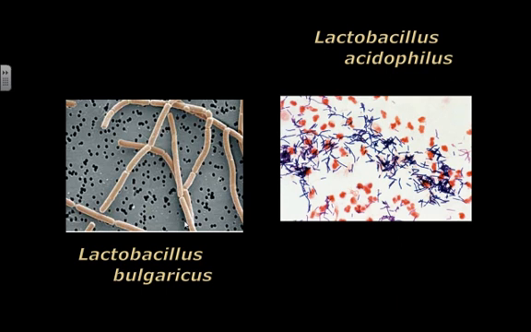Lactobacillus acidophilus and Lactobacillus casei, these rods, are responsible for the progression of caries. Once the caries process has become entrenched within the tooth structure, the lactobacilli colonize the tooth and lead to the continuance of the caries process.